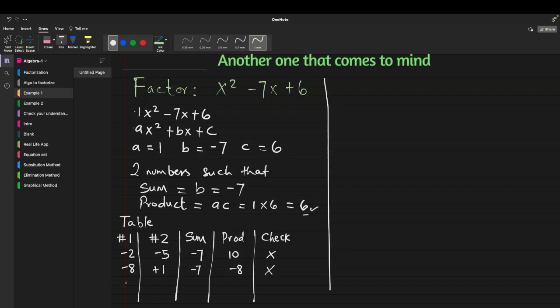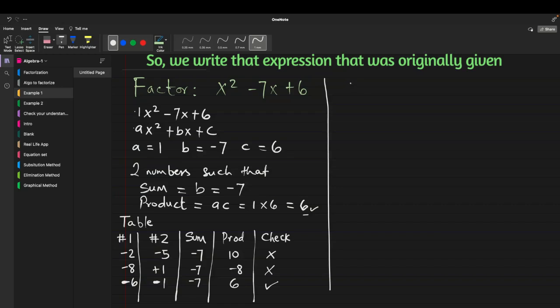Another one that comes to mind quickly is minus 6 and minus 1. Definitely their sum is minus 7 and thankfully their product is 6. So this one passes the test. So these are the two numbers we're looking for, negative 6 and negative 1. So we write that expression that was originally given to us.